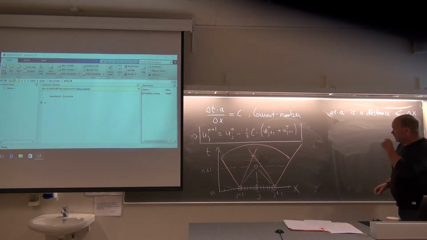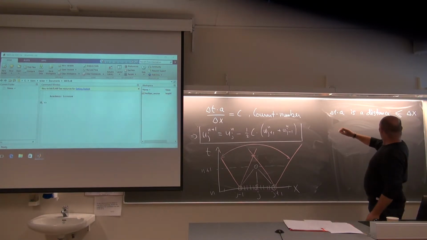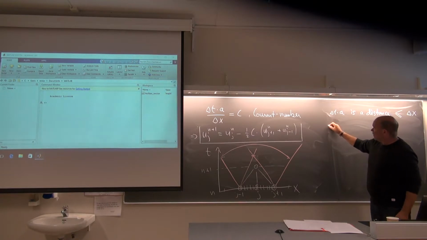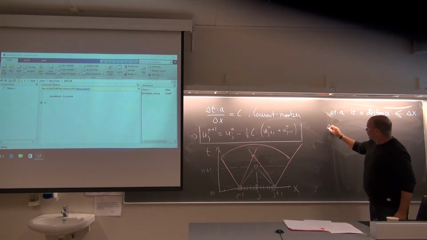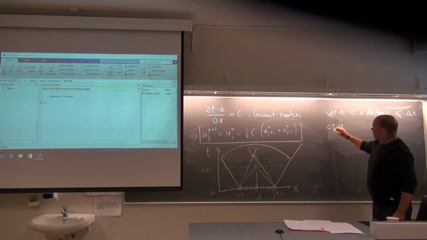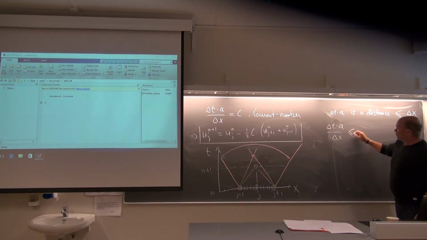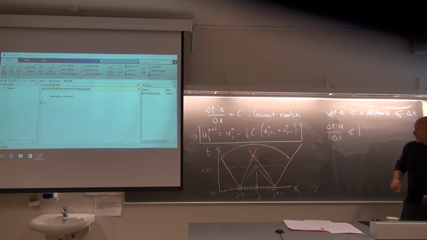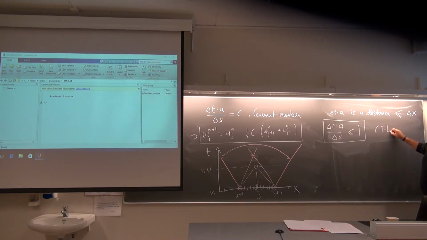So that is actually what I have said here. What we call a Courant condition: delta t multiplied with a over delta x must be smaller or equal to 1. This is a quite famous result. It's called the CFL condition.